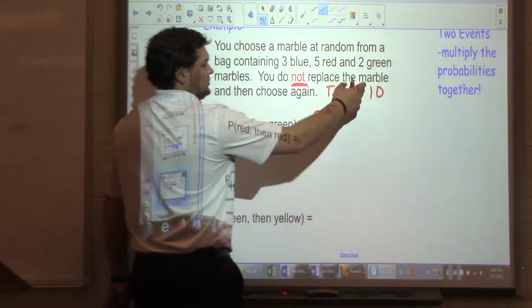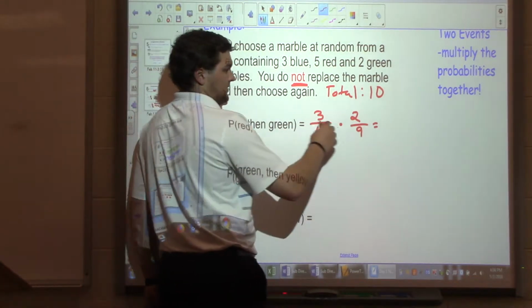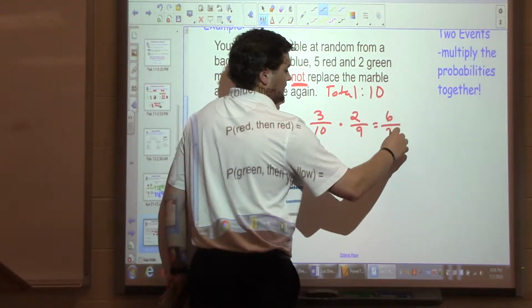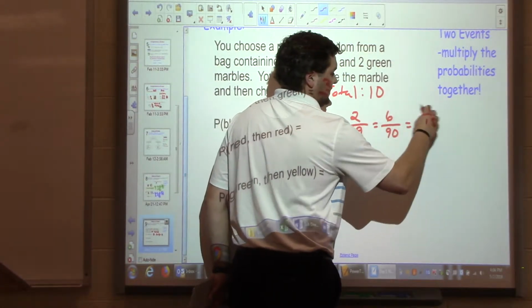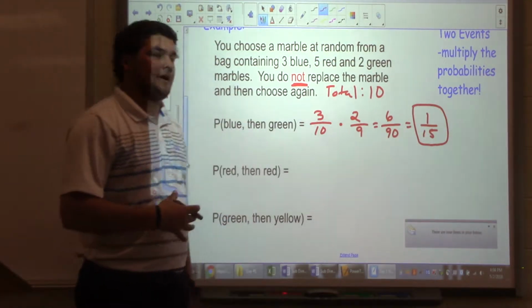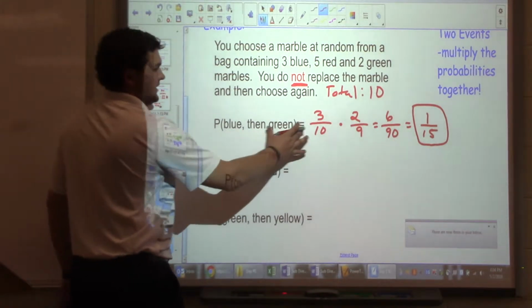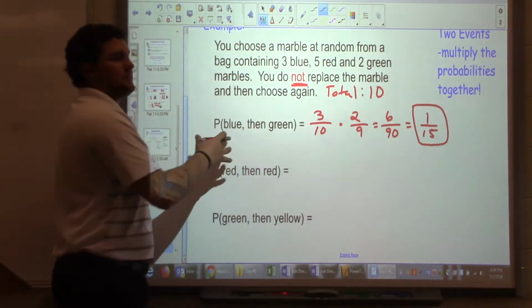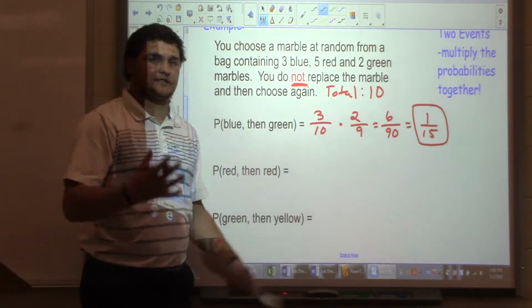So I have 2 green out of 9. So 3 times 2 is 6 over 90, which we can reduce down to 1 over 15. Right? Multiply tops, multiply bottoms. So these are dependent events. That second one, that probability changes because it's dependent on the first one. It's dependent on not replacing the marble.